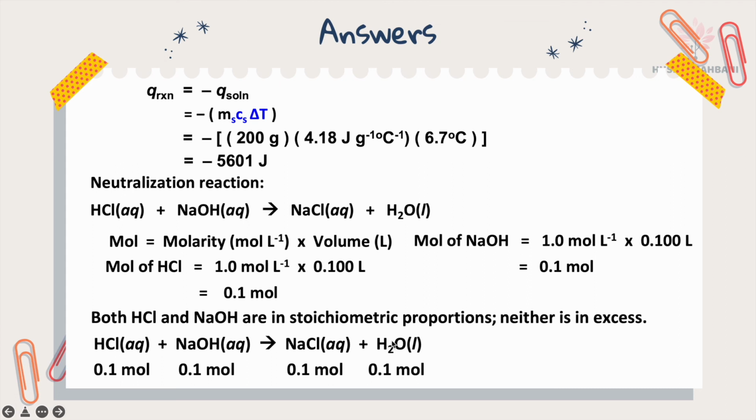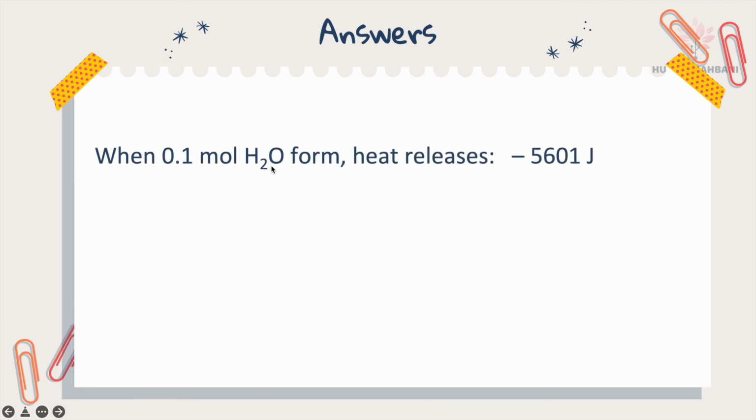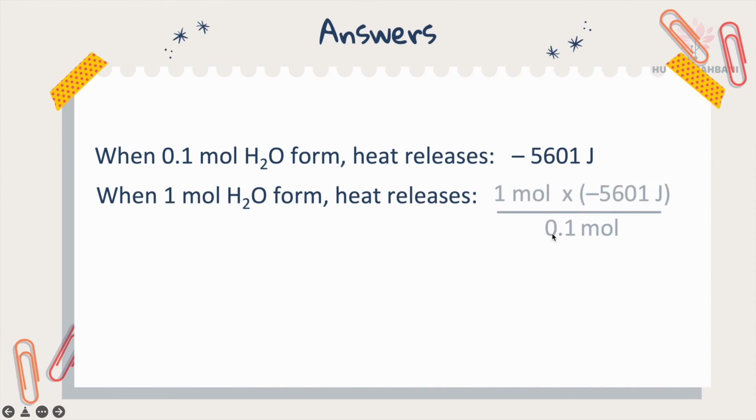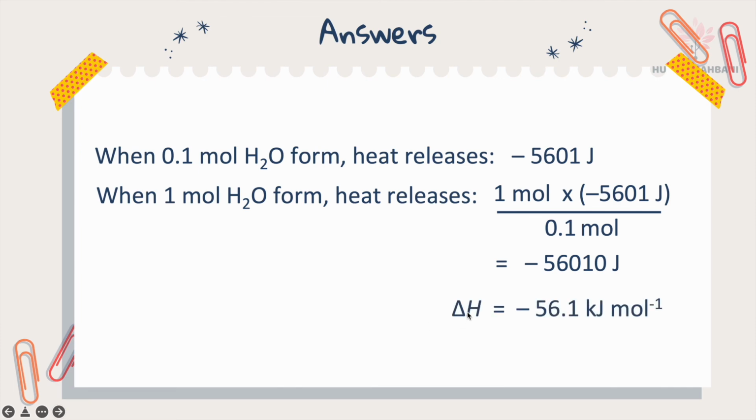Since this is for 0.1 mole water, 0.1 mole water releases 5601 joule. If 1 mole, cross multiply, you will get 56010 joule per mole. Delta H of neutralization equals negative 56.1 kilojoule per mole. This is the answer for heat of neutralization, delta H neutralization.